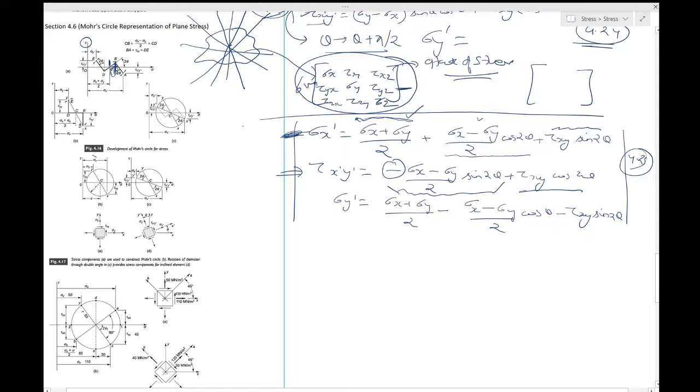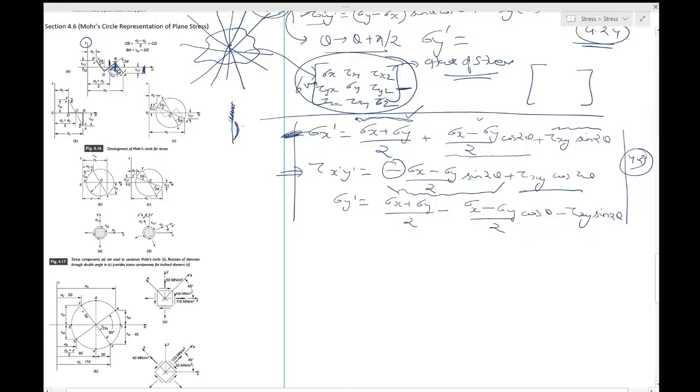So that is what tau x dash y dash is, because of the minus sign. It's like you have this one as plus and then you are cutting out this minus part, so all you are left with is this. So that's the downward ordinate of point A.